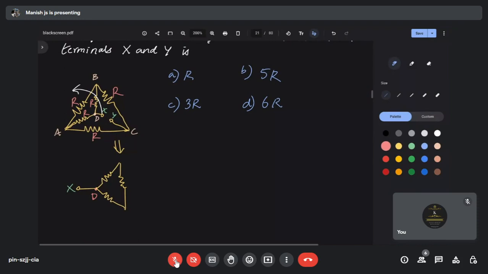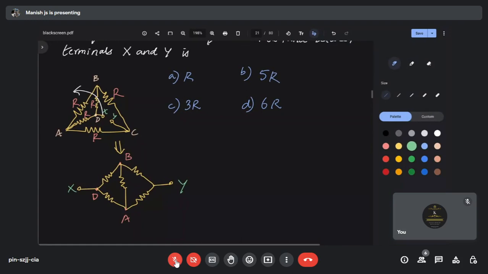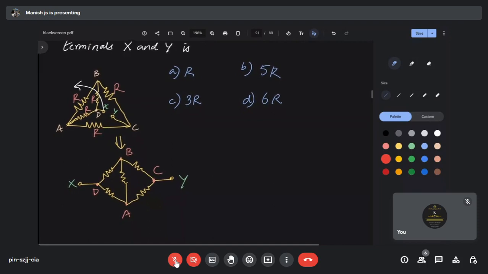And this is A and this is B. After that, again you have two resistors like this. And this is going to be our Y. This is point C. So you can redraw it this way. Did you understand? It is the same circuit. When I open it and redraw, this is how the circuit looks.